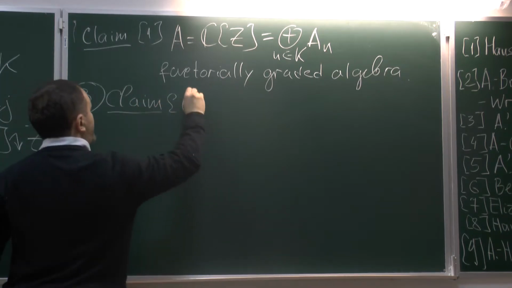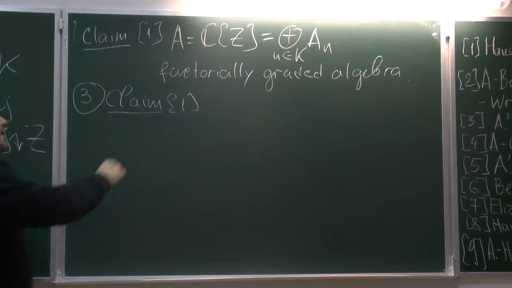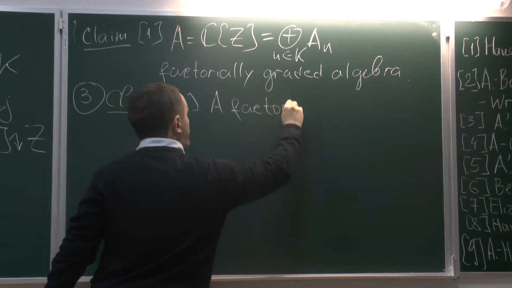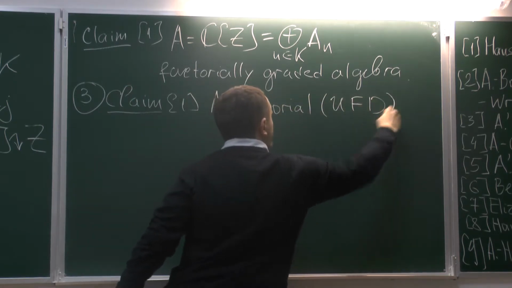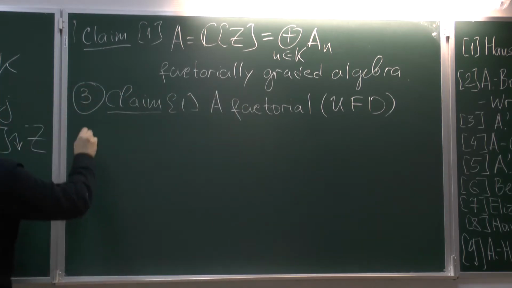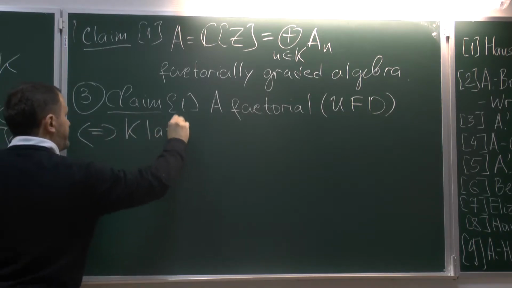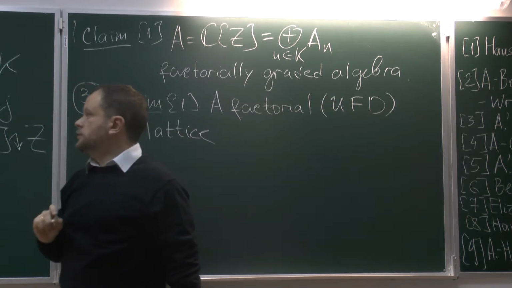Again, it can be found in the paper, number 1. It says that A is factorial. By factorial, I mean unique factorization domain. If and only if this K is a lattice, so there is no torsion in this quotient group.